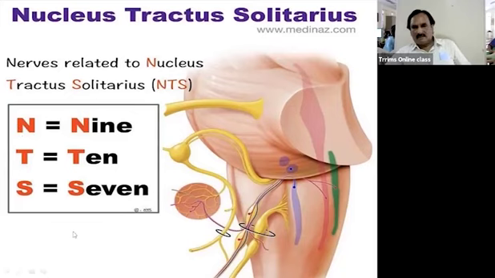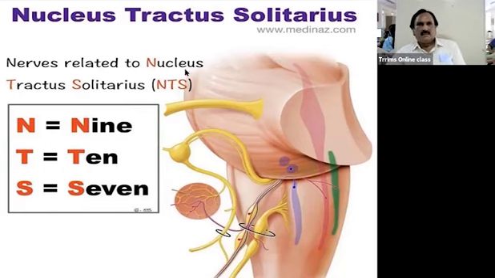So just also note down, it's a mnemonic wherein nucleus tractus solitarius. Nucleus because it is the collection of the nerve cells. Tractus because it is in the form of a tract. And solitarius because it is isolated. So normally in anatomy, if you can remember the terminology, it gives a lot of information. You concentrate on that.